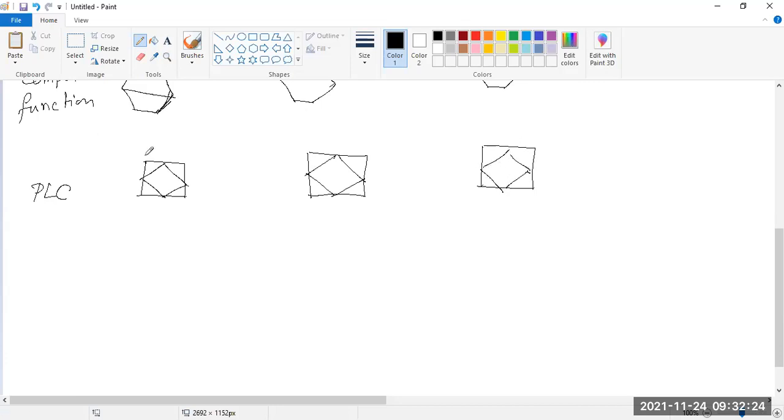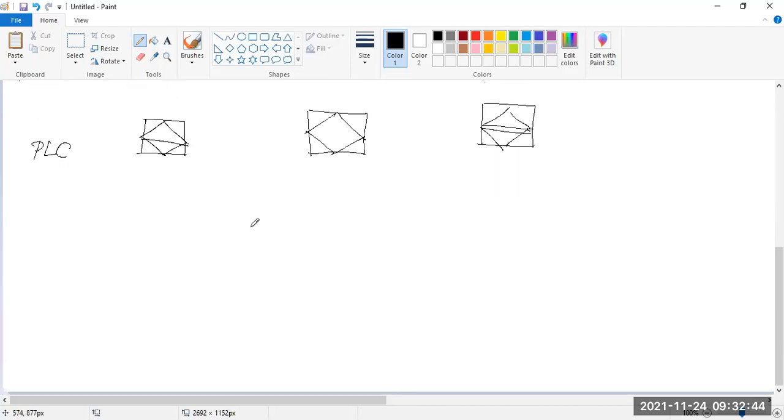But if it is at the operator's hand, then you have to cross it. If it is at the field, don't cross it. If there is auxiliary operation, then it will be double crossed. Okay.